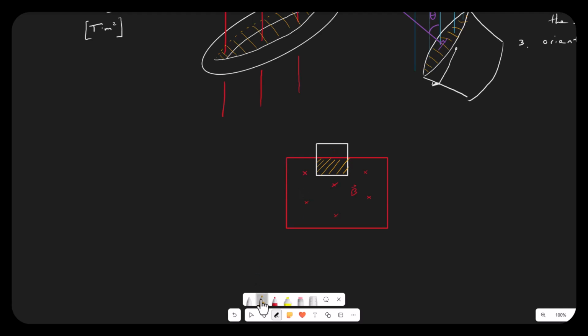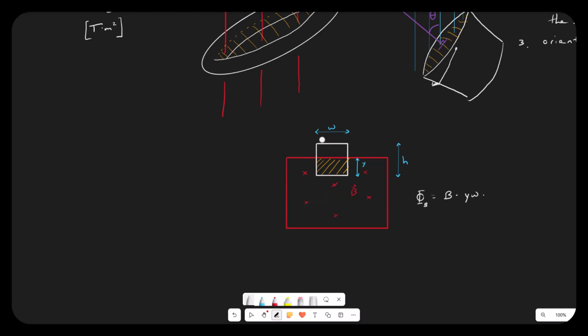So for my flux in this case, I would probably need some dimensions. If this is the whole height of the wire, and this is the whole width of the wire, and maybe this part can be y, then my flux is going to be the B field strength times the part that's exposed, so y times the width, just the yellow part, and then times the cosine of the angle between them.